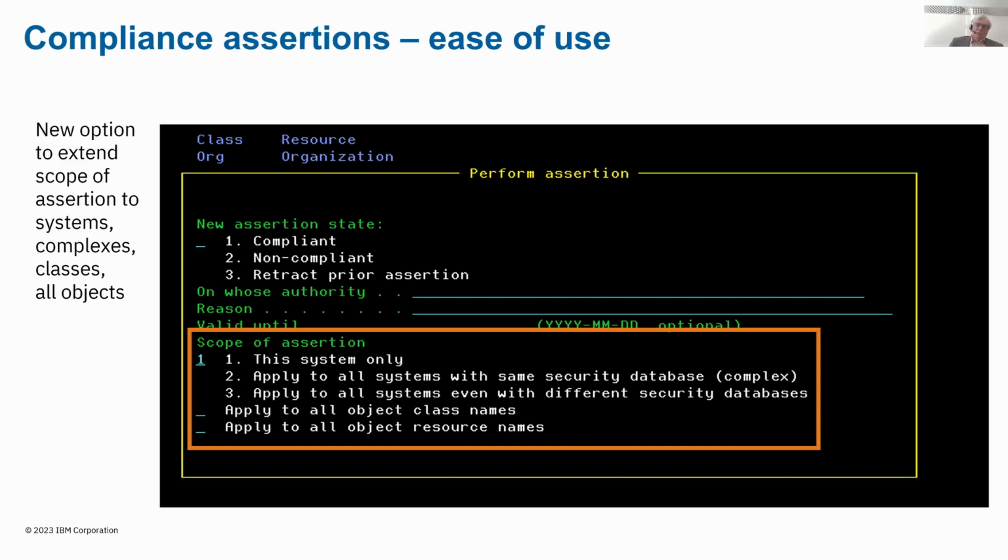So you could say I want to assert it for all my CICS classes, whatever they are named. So that would be apply to all object class names. Or you could say apply to all object resource names if there are multiple resource names. If you want to assert something for all Unix files or for all data sets, you can.